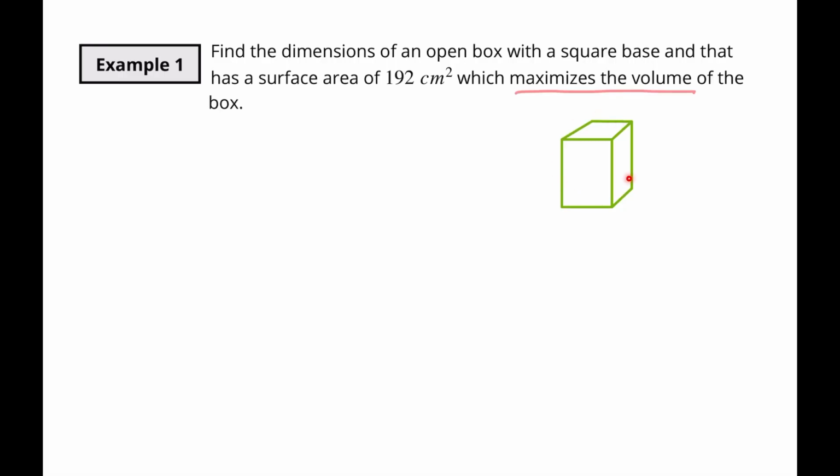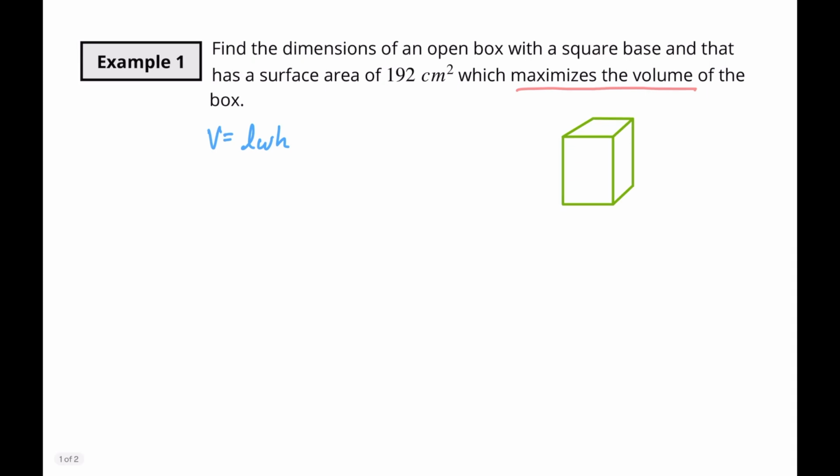Now, what kind of equations or constraints do we have for finding this volume? If we're trying to maximize the volume of a box, we already know that the volume of a box is equal to length times width times height. Along with that, we know that the base is a square, so those two measurements are going to be the same.